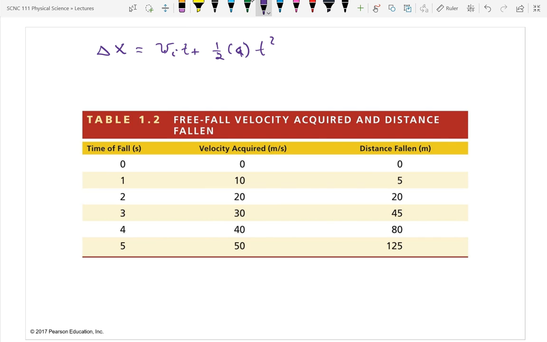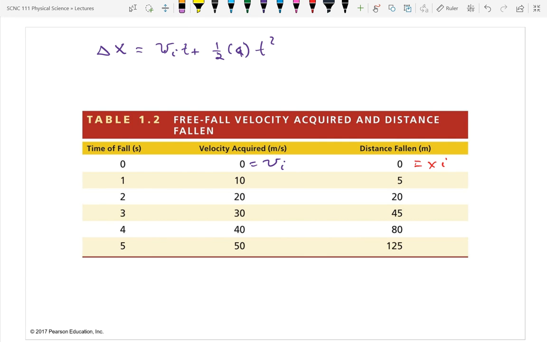So for a falling object, if the initial speed is 0, then we would have, for the case of the falling object, the initial position is 0 and the initial speed is 0.